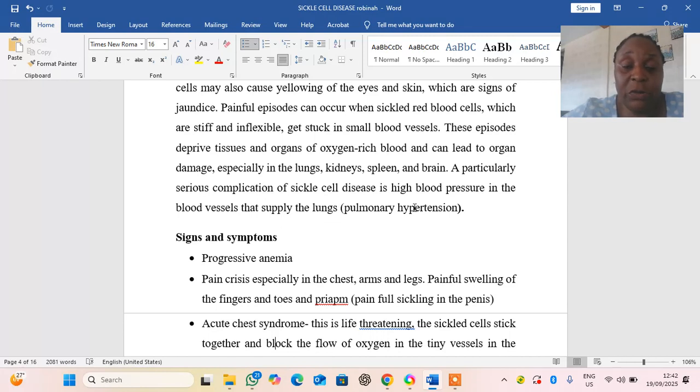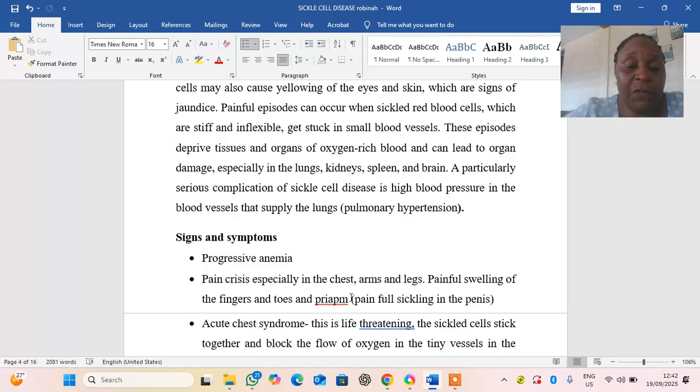So this person will progressively have anemia. Pain crisis, even in the chest, arms and legs, painful swelling of the fingers and toes, and priapism. This is due to blockage of the blood vessels by the sickle cells.